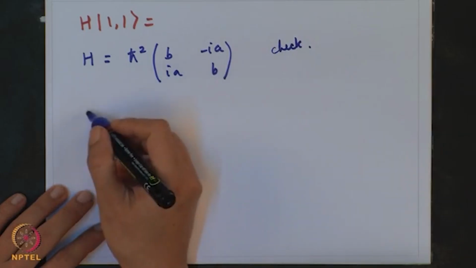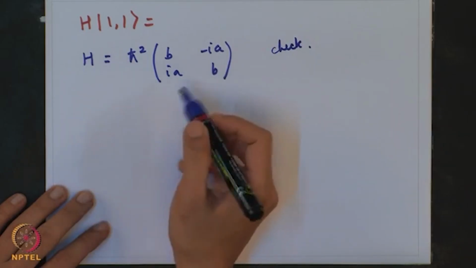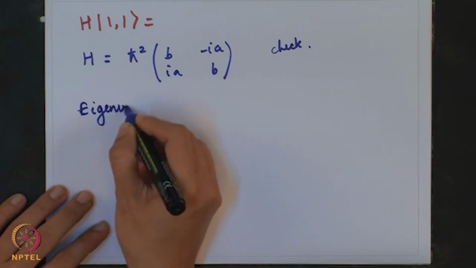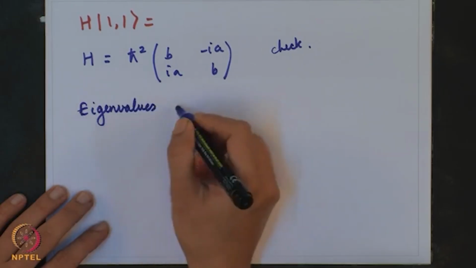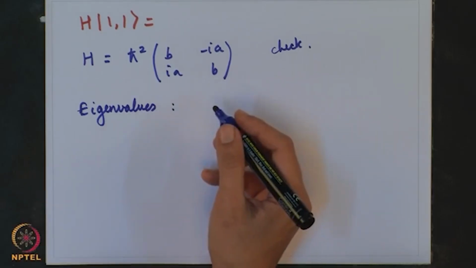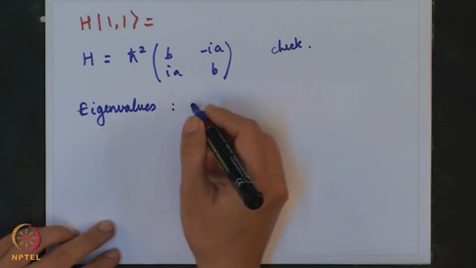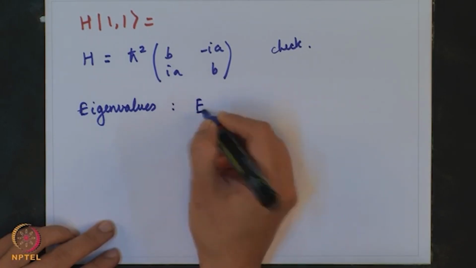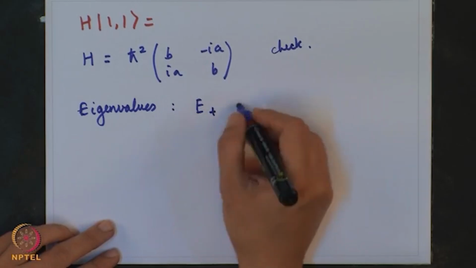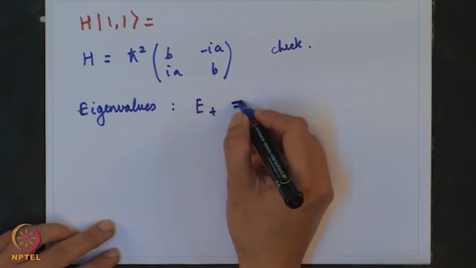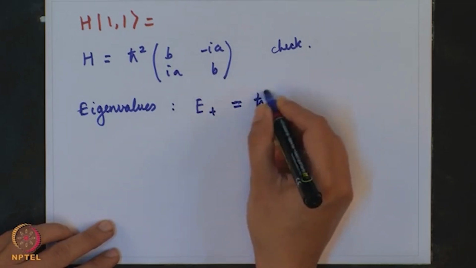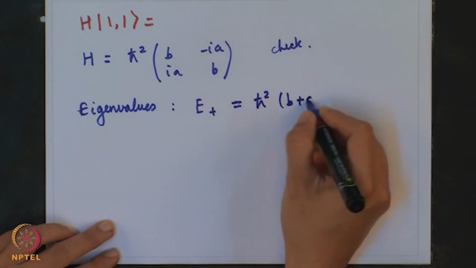So, you have to calculate the eigenvalues and eigenfunctions. The eigenvalue is, I can write it as E plus, H cross square (B plus A).